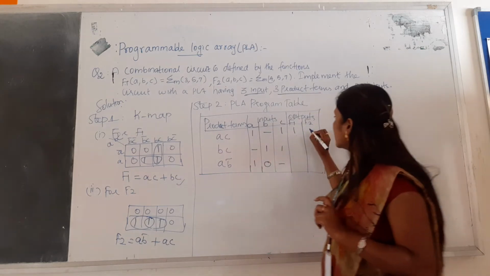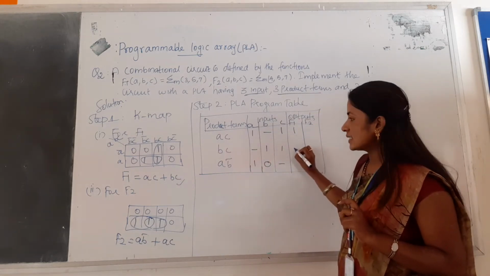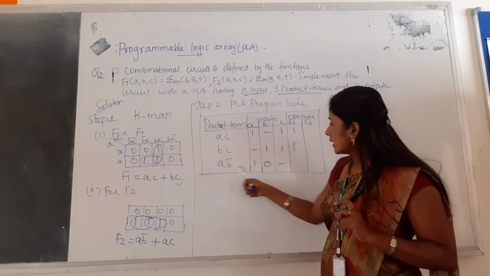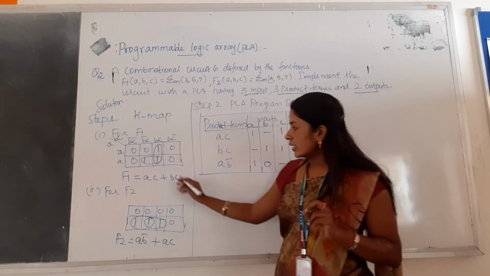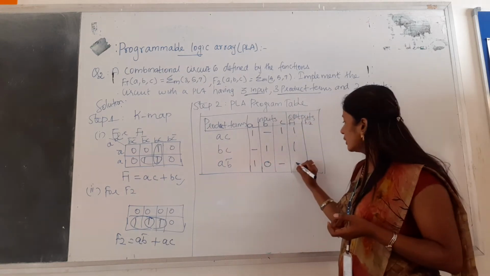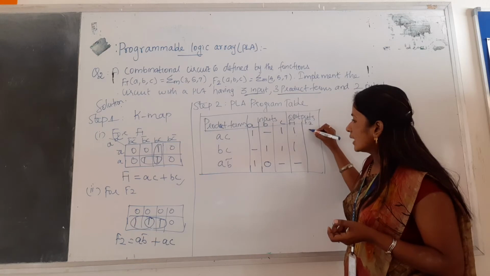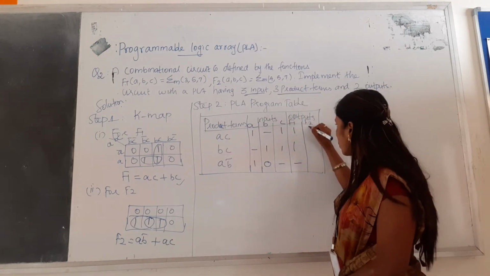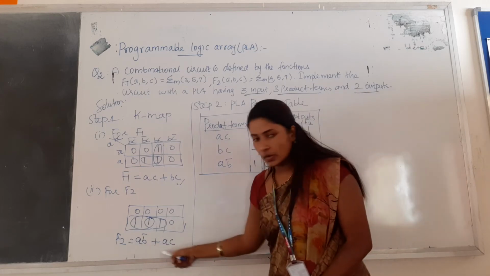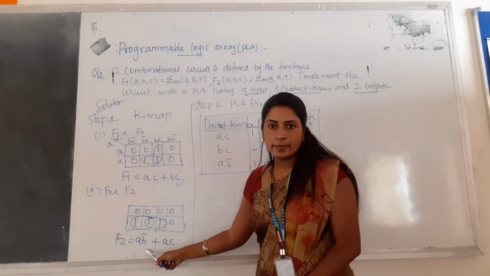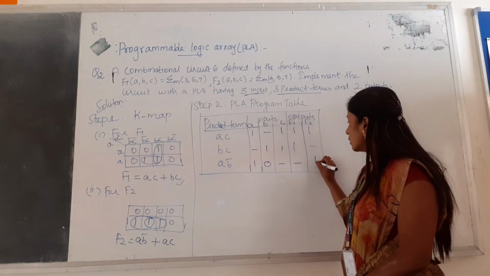Then BC is also there in F1, so again I will put 1. Then AB bar is not there in F1, so I will put a dash. Next F2. In F2, I have AC, so 1. Then BC is not there, so dash. Then AB bar is there, so again 1.